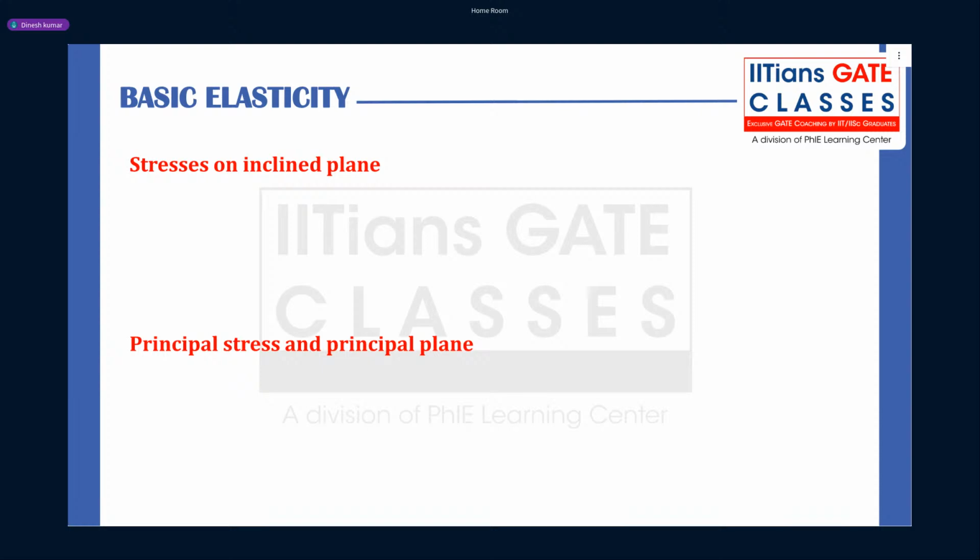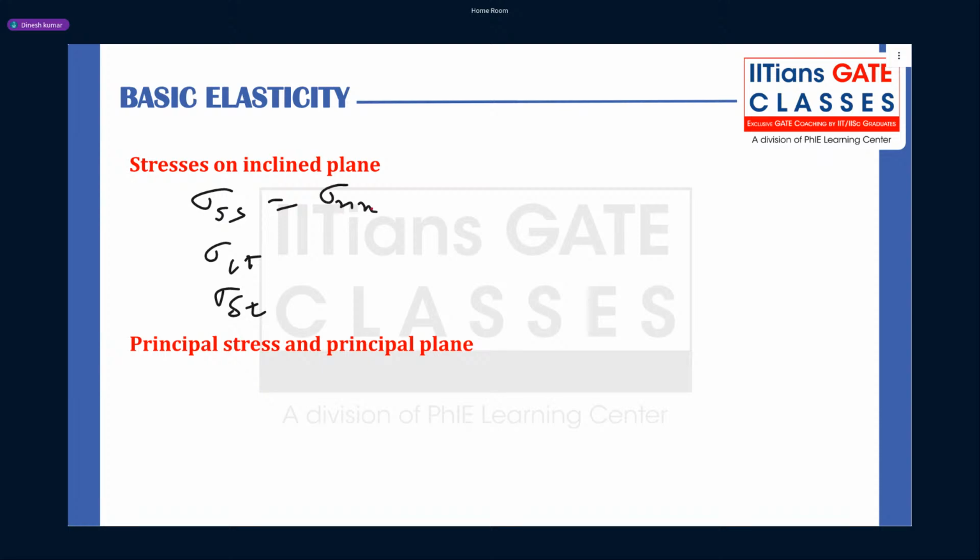Now, guys, in case of uniaxial stress, we can still write the stresses on an inclined plane. So what will be your sigma ss? What will be your sigma tt? What will be your sigma st? You all know, right? We have sigma xx alone.